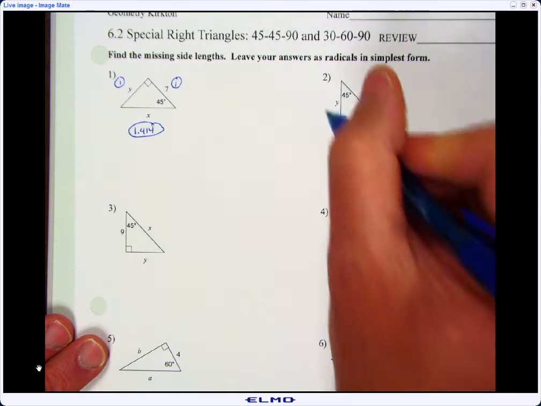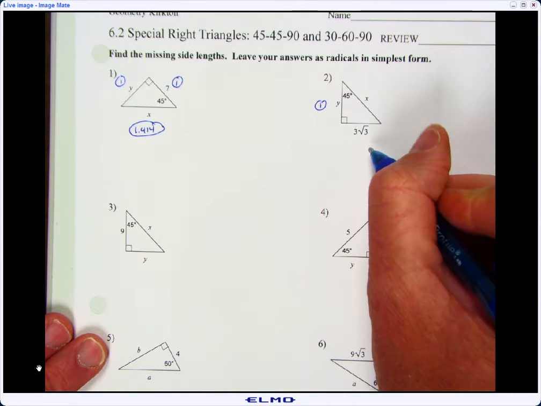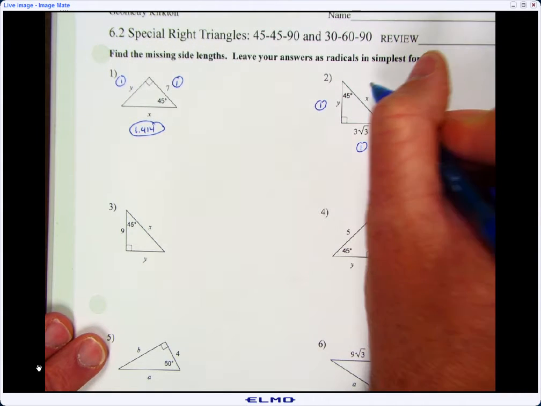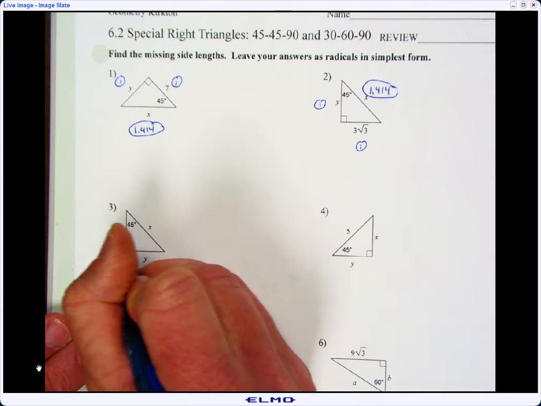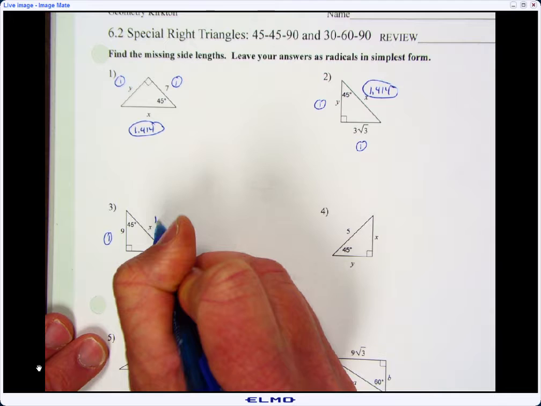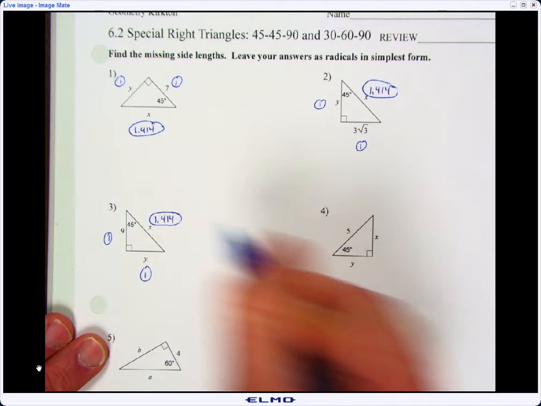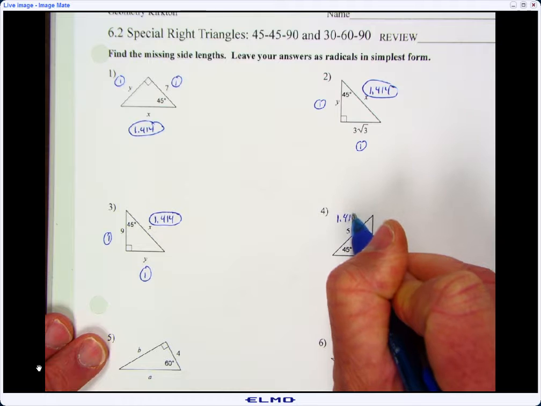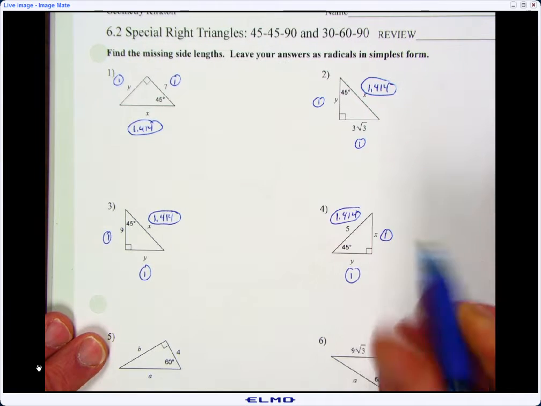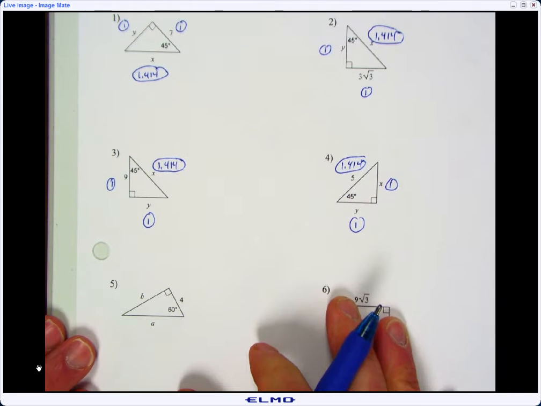So every time you can label your triangles ahead, and any 45, 45, 90 is the same label. And I circle the numbers to keep them separate from the sides so you know what you're looking at.